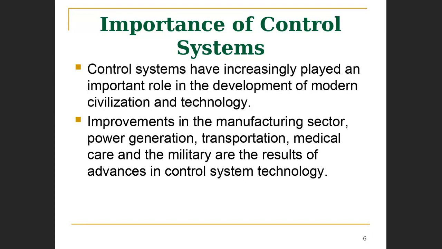So what we're using today as the internet was once secluded or used only for military purposes. So the point here is that control systems have been and continue to play a significant role in the development of our civilization.